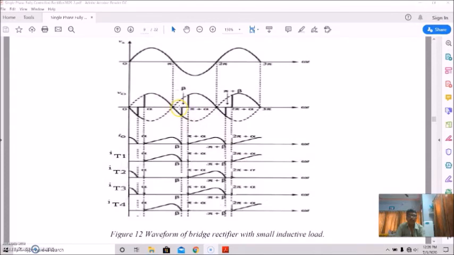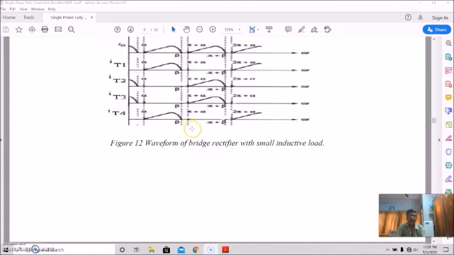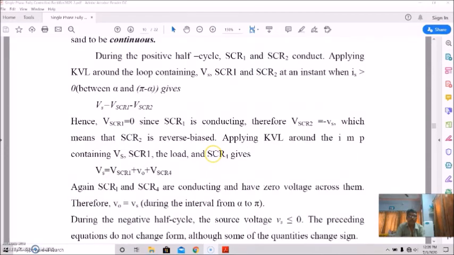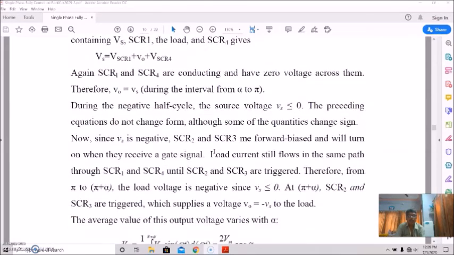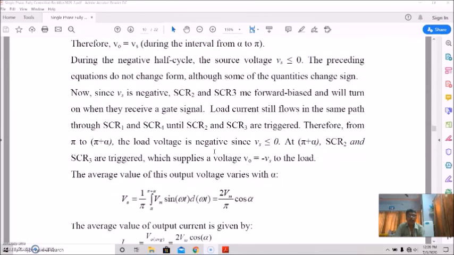So this load voltage is 0, negative. Now SCR2 and SCR3, when triggered, supply the output voltage equal to the negative of the source voltage to the load.